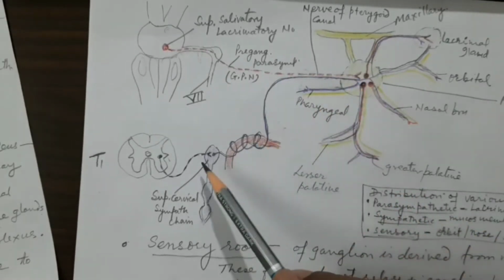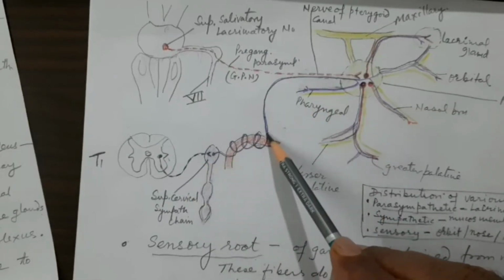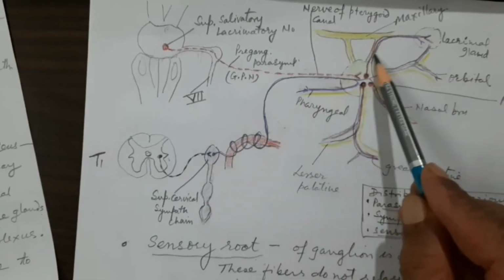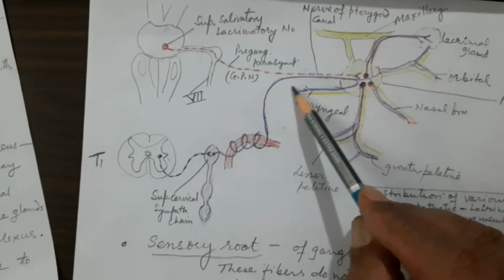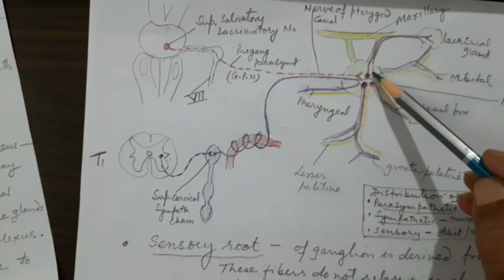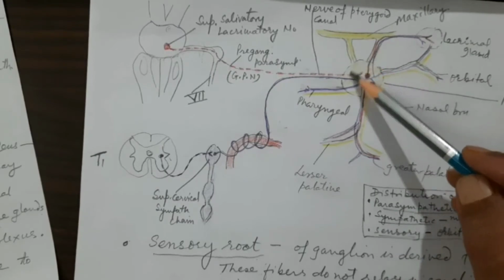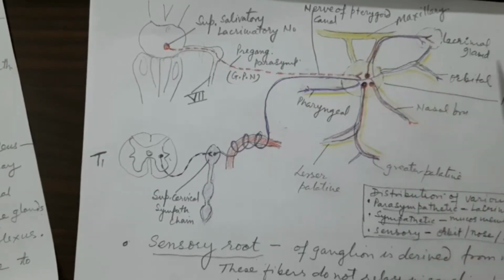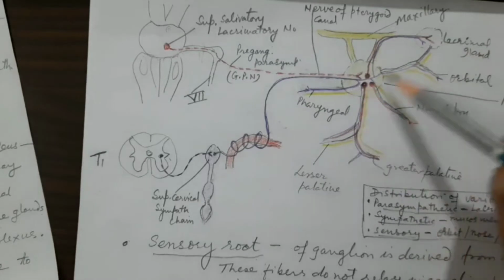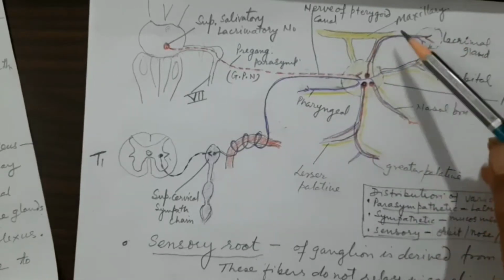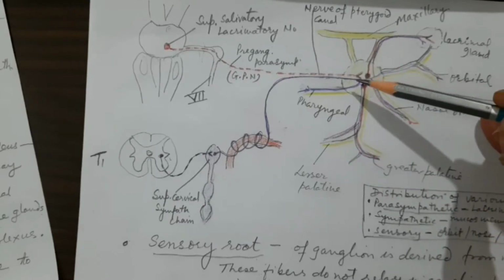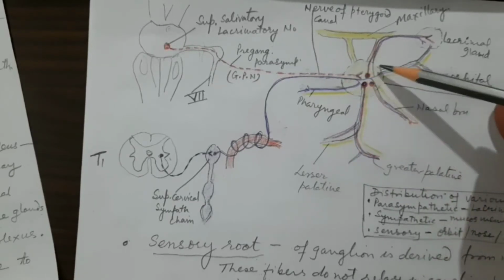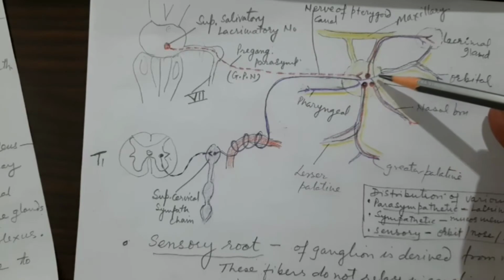But you should note that both the sympathetic fibers and the somatic fibers, that means fibers from the maxillary nerve, do not relay in the ganglion. They just pass through and are distributed along with the various branches of the pterygopalatine ganglion.